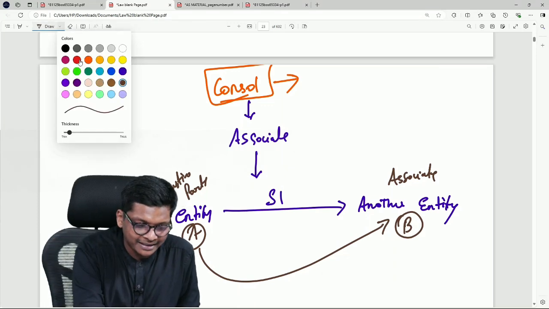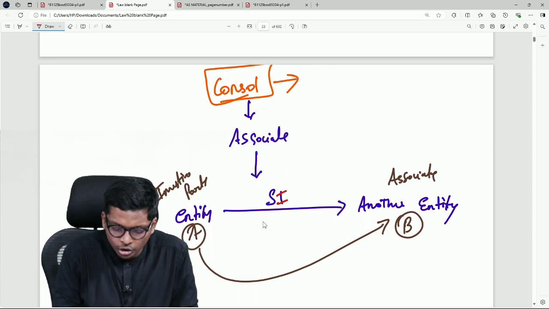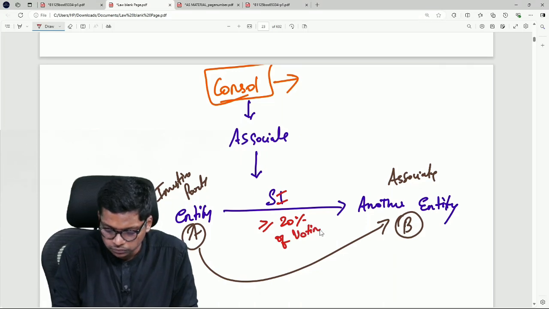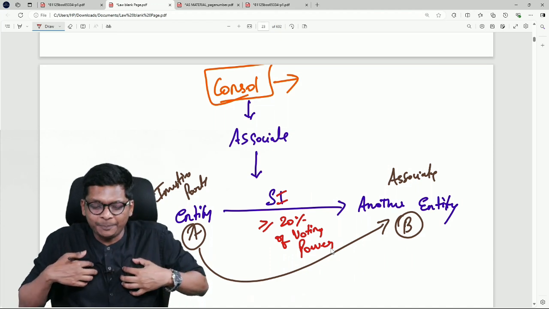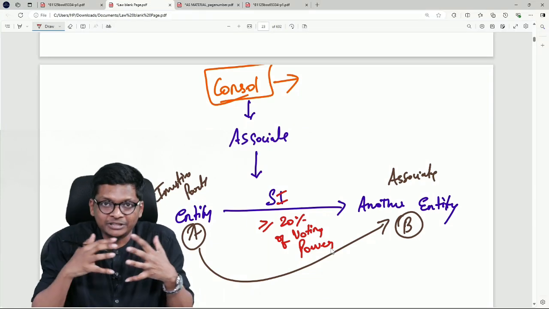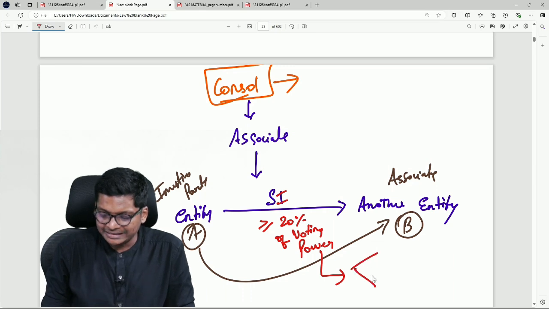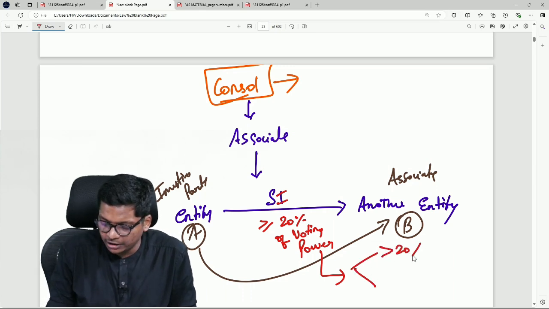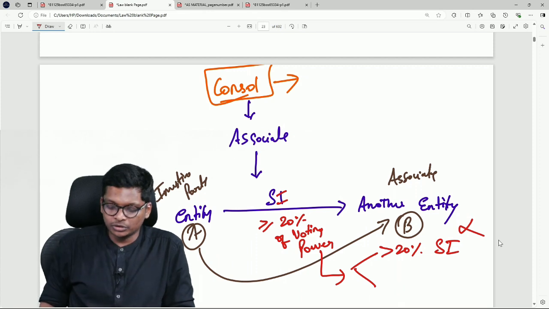Sir, what do you mean by significant influence? Significant influence means ability to have at least 20% of the voting power. So, if you have at least 20% or more of the voting power in another company, then the associate relationship is made. Sometimes, even if you have more than 20%, but you do not have the influence, then you are not an associate.